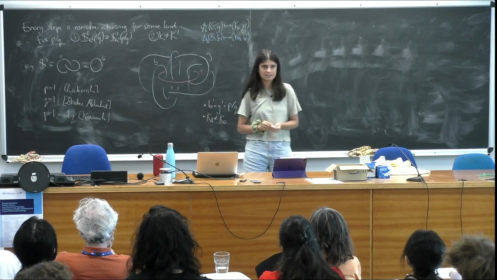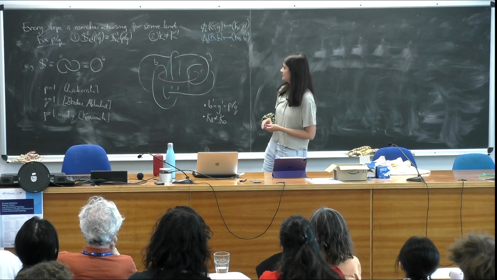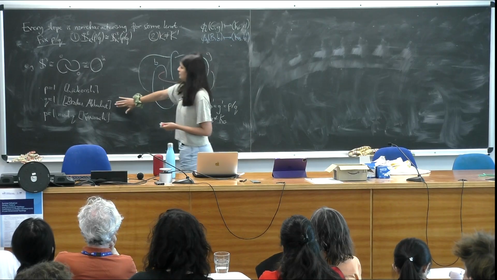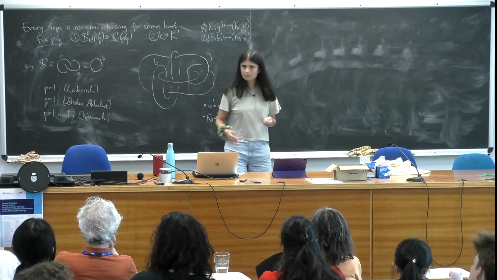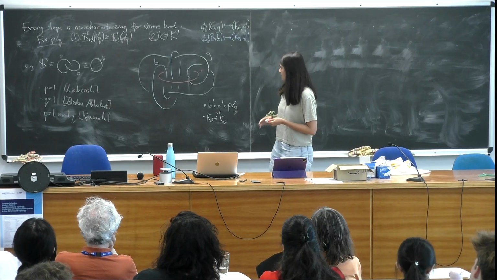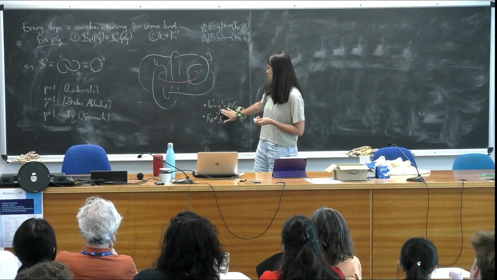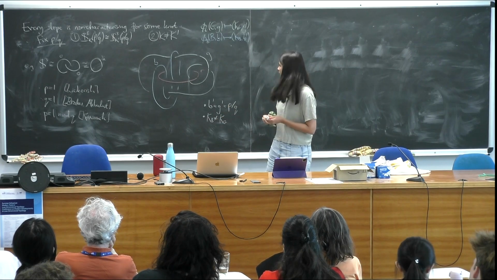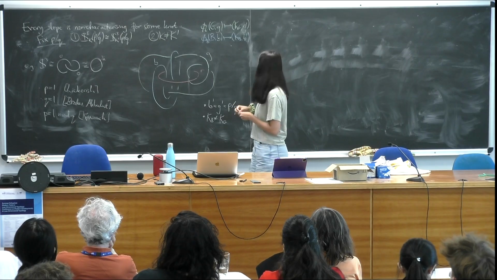So this strategy has been used before in the case where P over Q is an integer. So for example, in Lisa Piccirillo's proof that the Conway knot is not slice, she had this B prime equals G prime equals 0 and found a pair of knots.